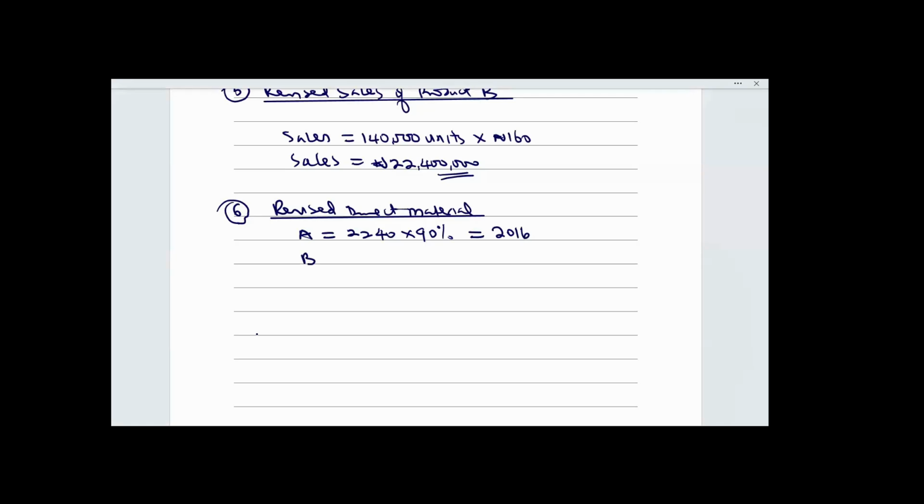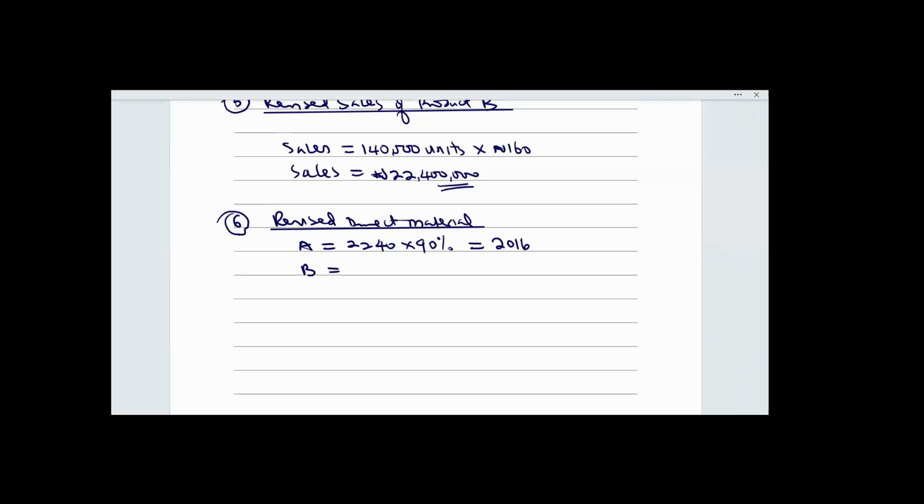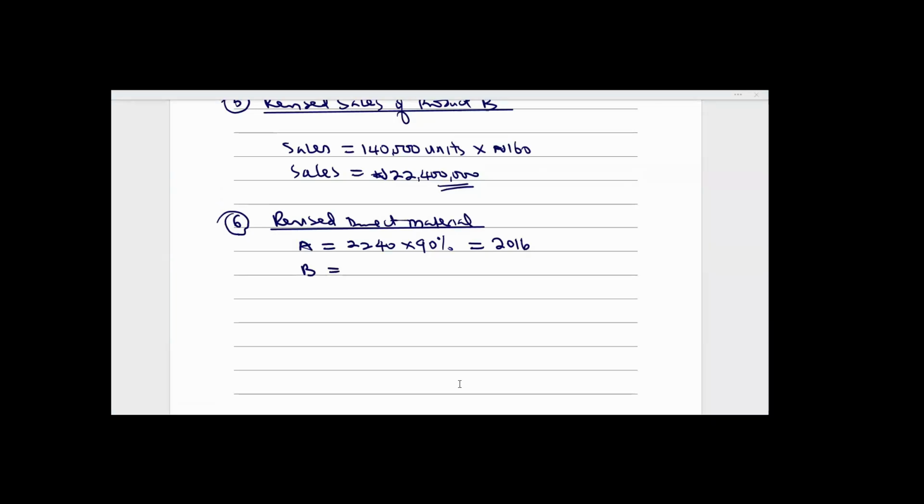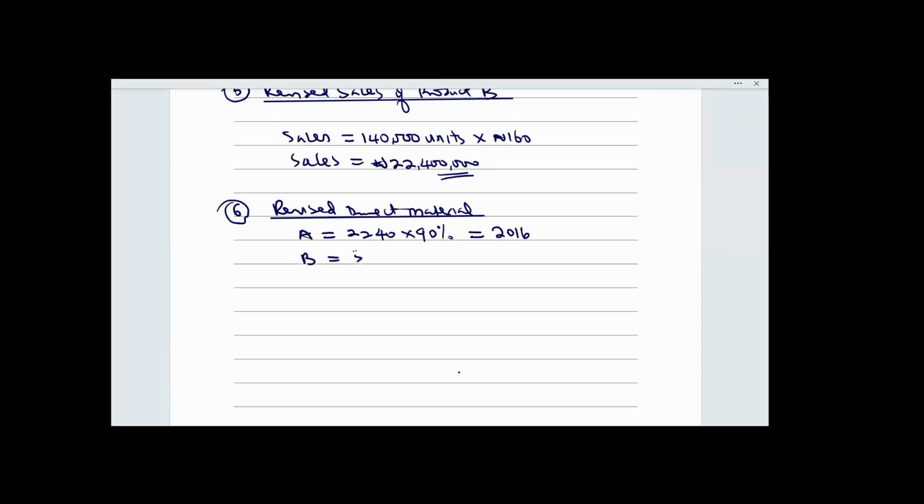Then for product B, direct material of product B, according to the question, is 5040. So 5040 multiplied by 80%. We are told that direct material of B will reduce by 20%. 100% minus 20% will give you 80%.